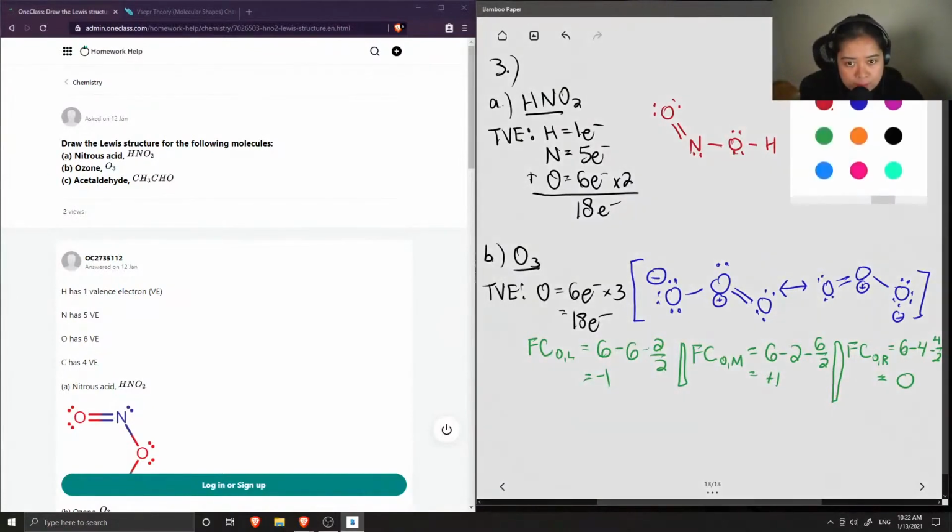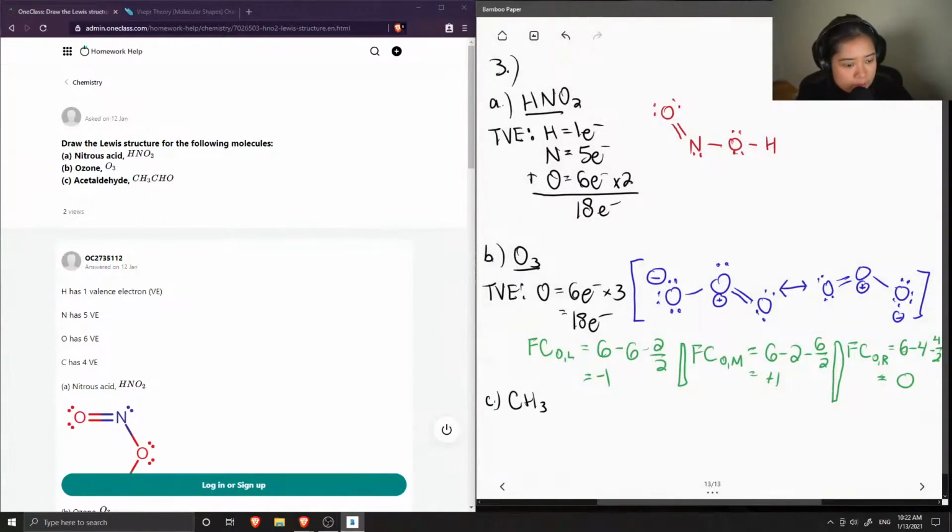Okay, so now let's move on to part C of this question. Lewis structure of acetaldehyde. For the total valence electrons, carbon has 4, hydrogen has 1, and there are 4 hydrogen atoms, and oxygen contains 6.